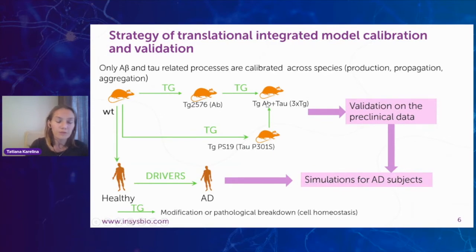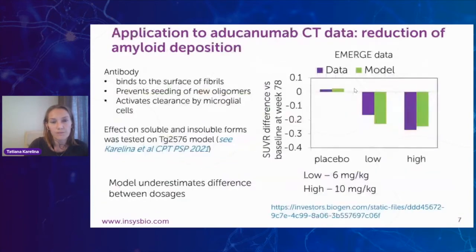To describe the difference between healthy and AD subjects, we used our disease driver model that has been mentioned before. Preclinical mouse models were used to validate our understanding of mechanism and pathophysiology on the different preclinical data for treatments. And after such validation, we tried to perform simulations for different types of treatments in Alzheimer's disease subjects.